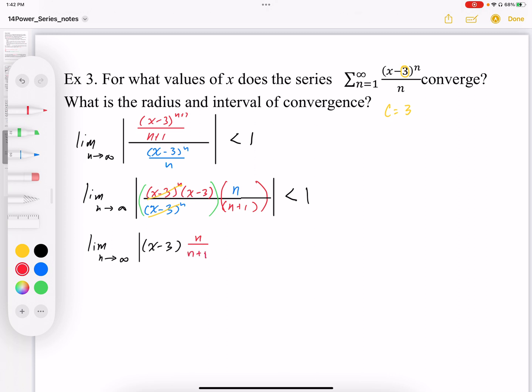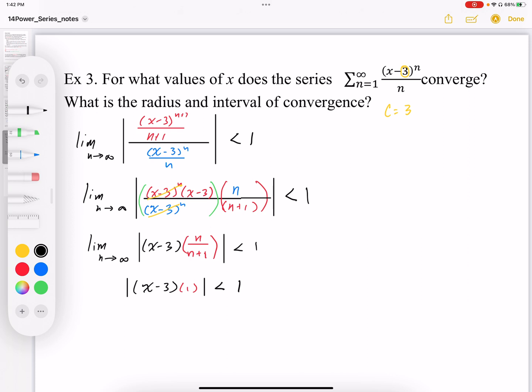So then we can evaluate the limit. So we have x minus 3 times 1, and that has to fall between -1 and 1. So that's our ratio test.